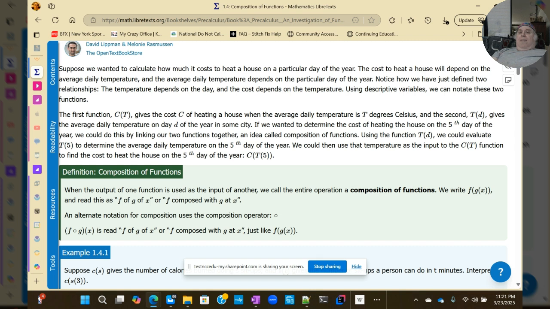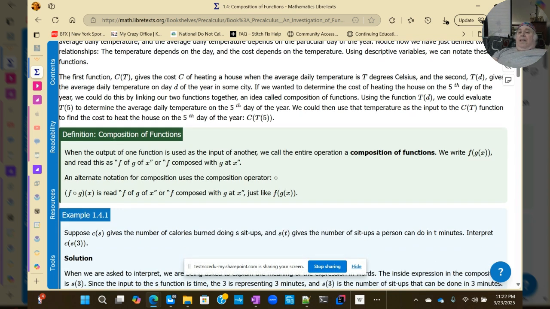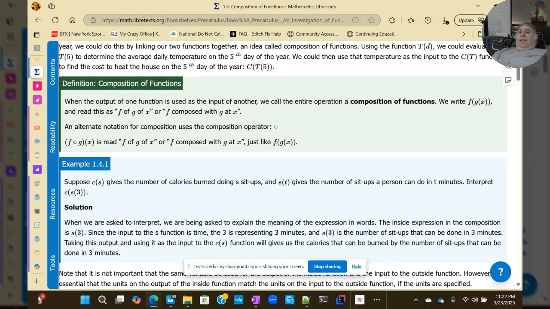We used that to get the profit function then. Now, here they talk about the cost to heat a home, and that depends on the day of the year. The temperature depends on the day, and the cost depends on the temperature. So the output of one function is used as the input of another.